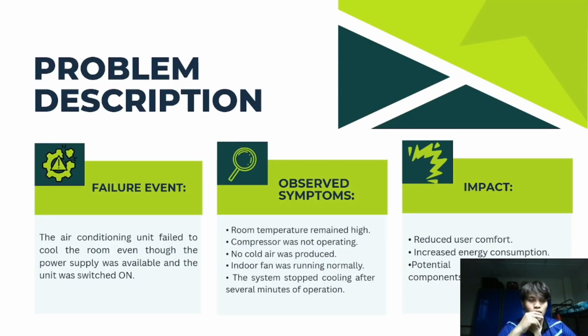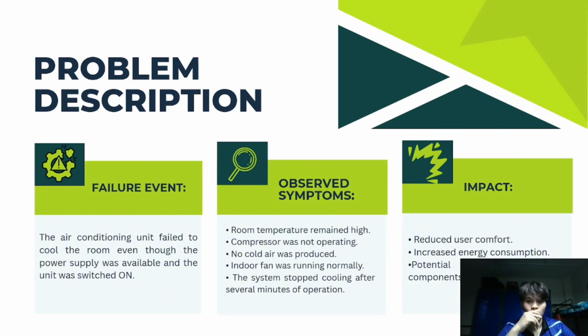Right. So now I'll be explaining about the problem description. Firstly, the failure event occurred when the air conditioning unit failed to cool the room, even though the power supply was available and the unit was switched on.